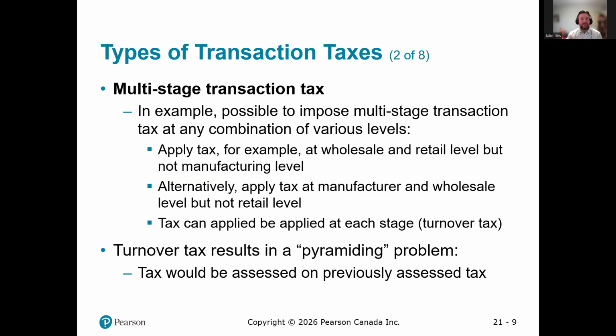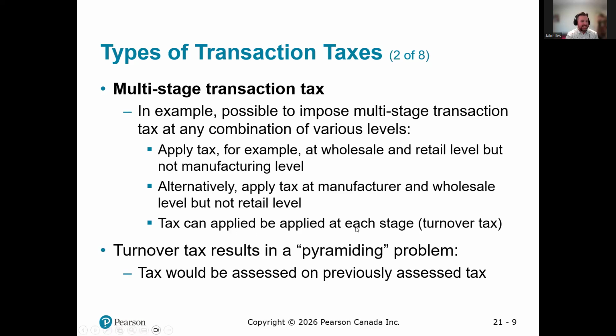We don't have to wait for that final transaction, because the sales tax is sort of being dealt with at every iteration. So in example, it's possible to impose multi-stage transactions at any combination of levels. We could apply tax at the wholesale and retail, but not manufacturing. We could apply at manufacturer and wholesale, but not retail level. So multi-stage transaction tax can apply at specific levels or all of them.